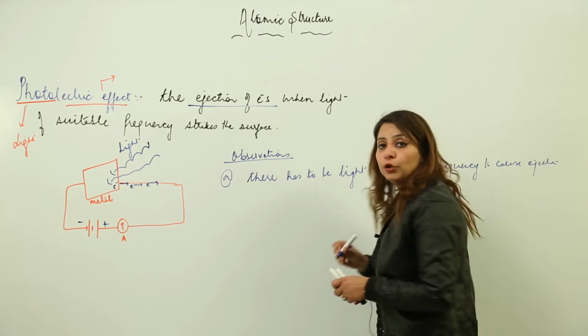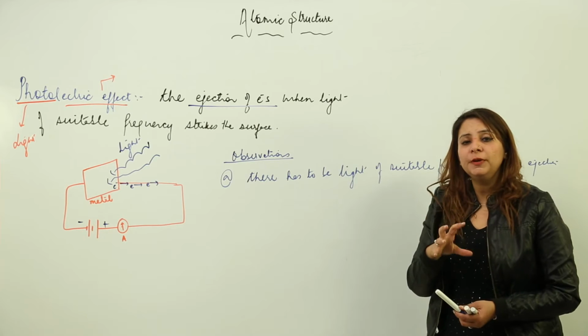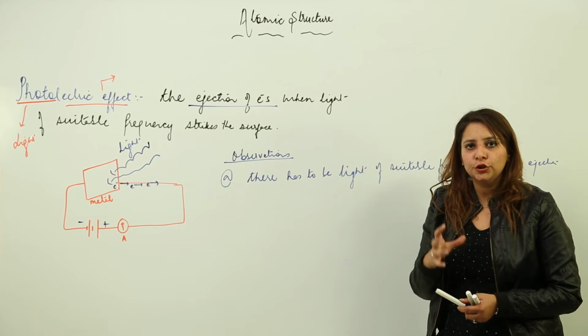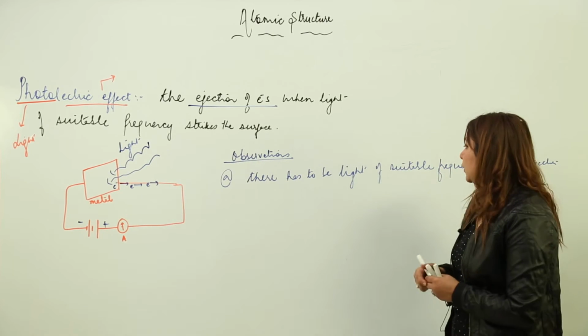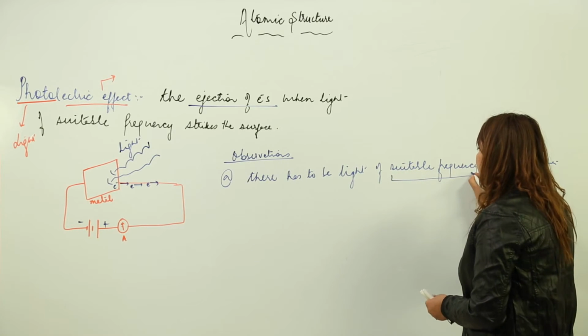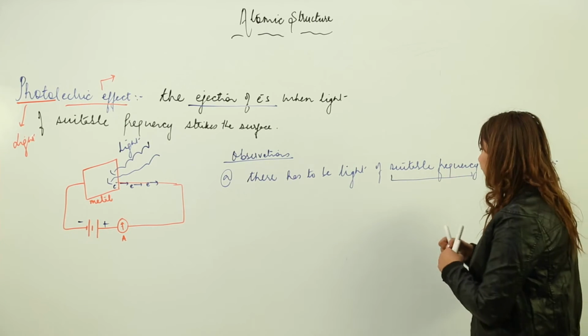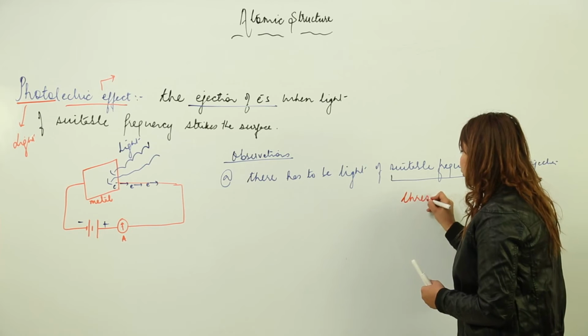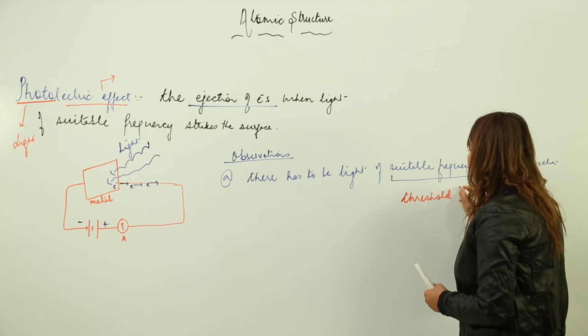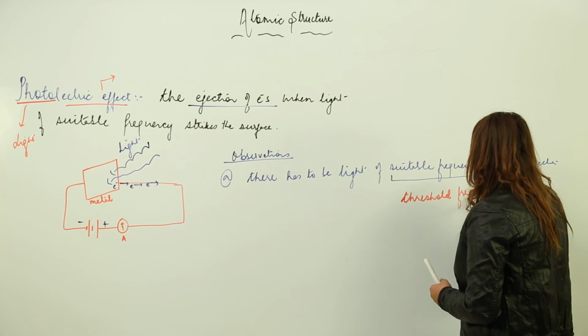So that means a suitable frequency of light is needed for the ejection of electrons, and that particular suitable frequency is given a special name, that is the threshold frequency.